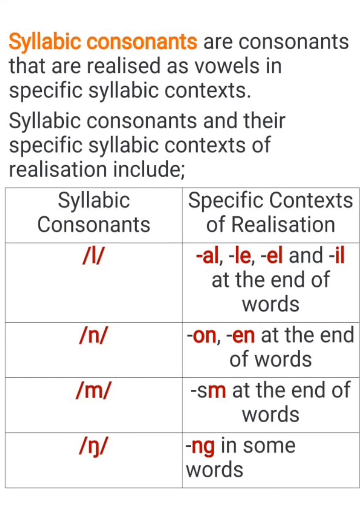Then we now come to the second one, the N consonant. The N consonant can also function as a vowel in some spelling contexts, and as a vowel we pronounce it as "n", not "u" that you are diluting with nasal interference. And so where do we realize it as a vowel? ON at the end of words and EN at the end of words. For example, "season", talking of a period of time.